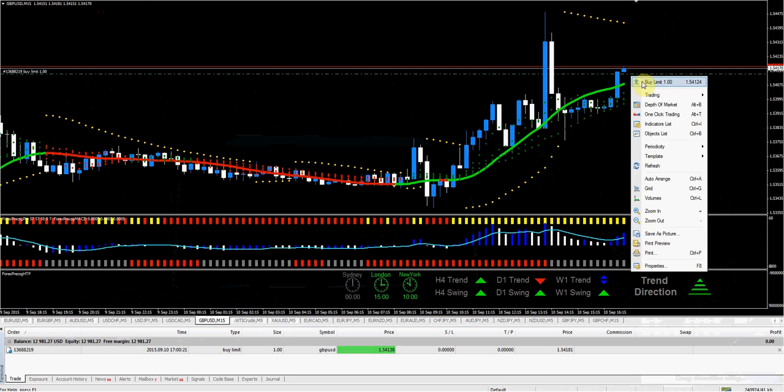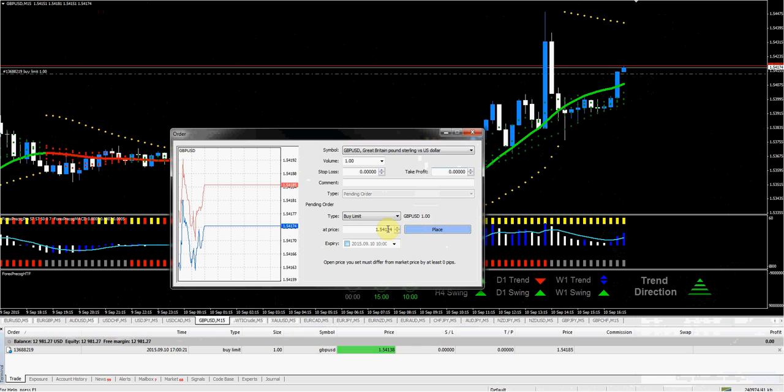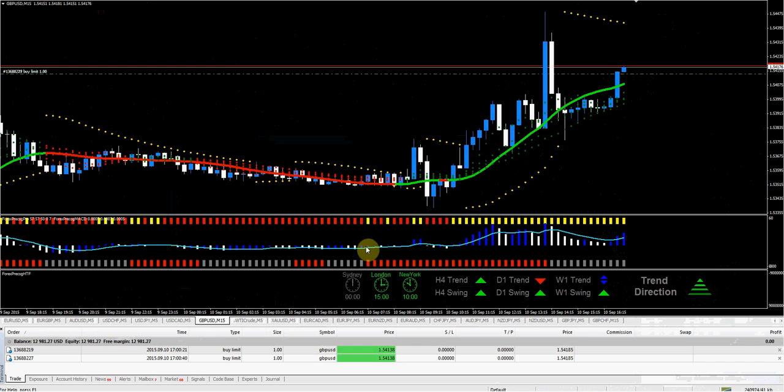$54138. We'll enter another one at the same price. All right, hopefully the market won't decide to just shoot straight up.